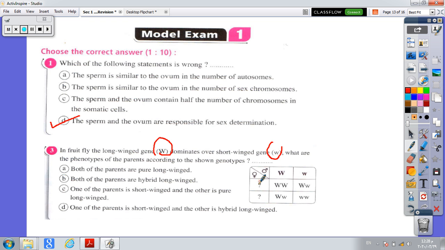So the parents must produce long wings and short wings in a ratio of 3 to 1. Who can tell me what the parents must be? Yes, they must both be hybrid long wings, W capital and W small. Okay.